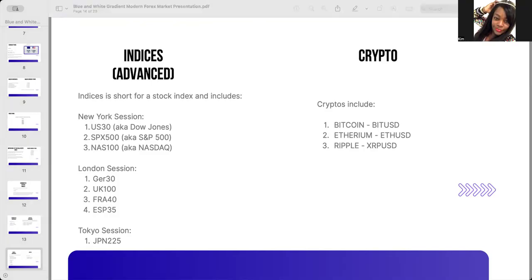I'm going to pull up a new window and I'm going to share.